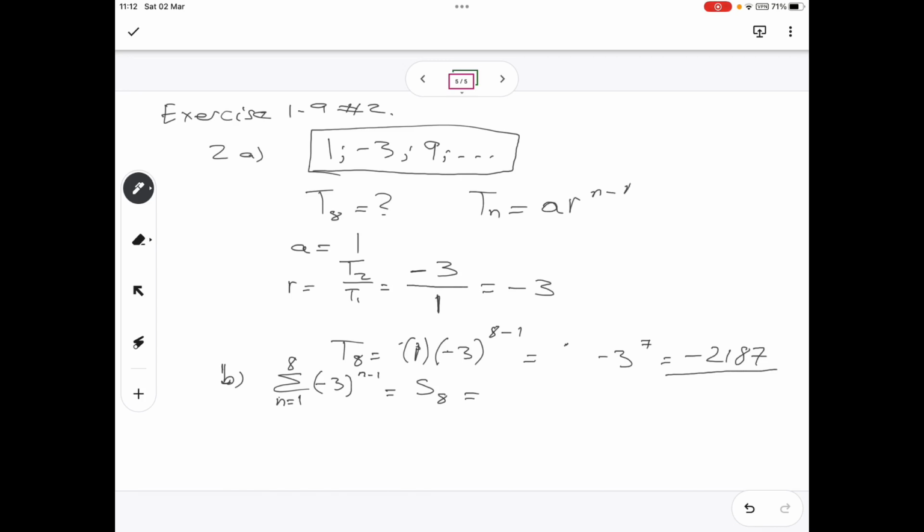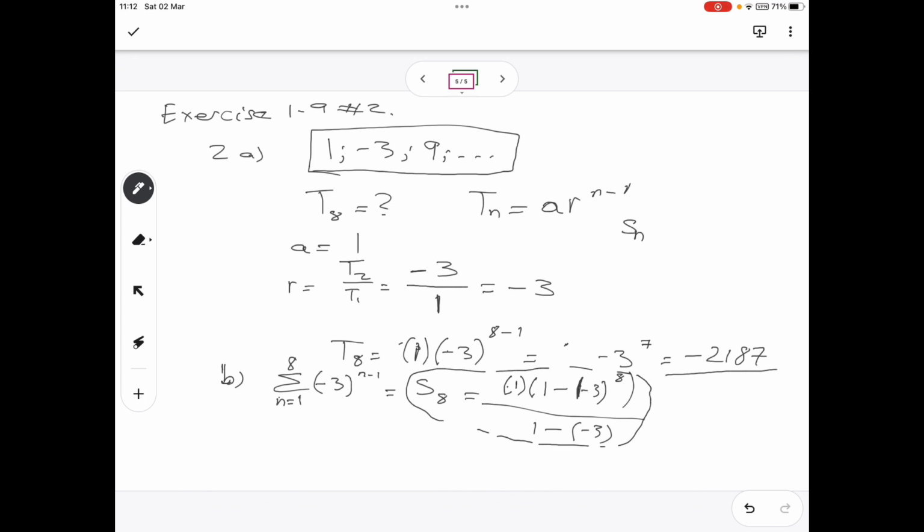This also equals the sum of the first 8 terms. First term is 1, multiplied by 1 minus the constant ratio -3 to the power 8, over 1 minus -3.